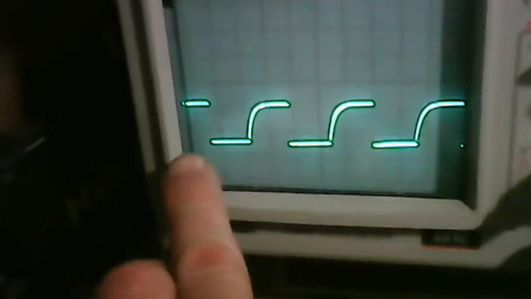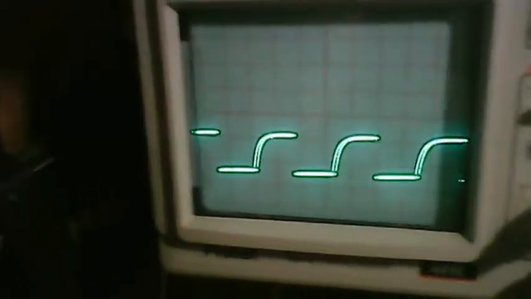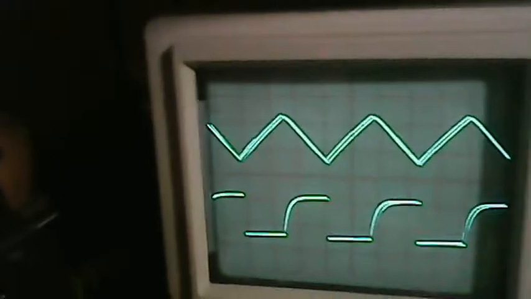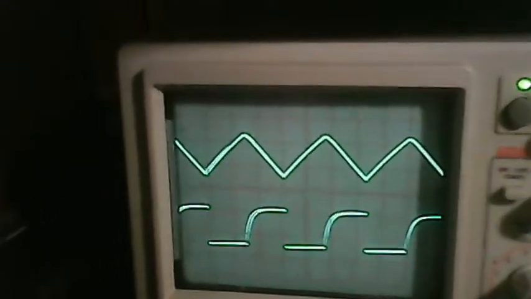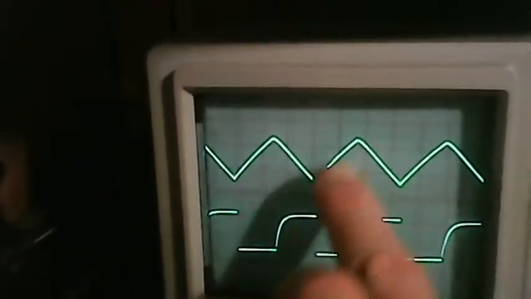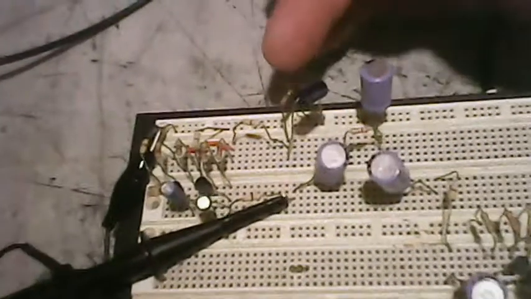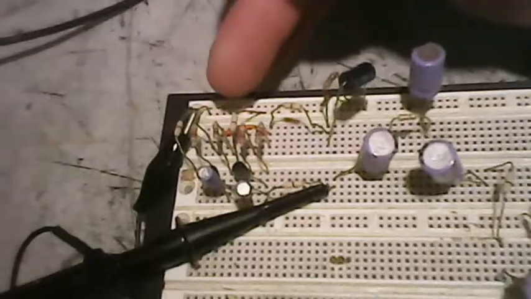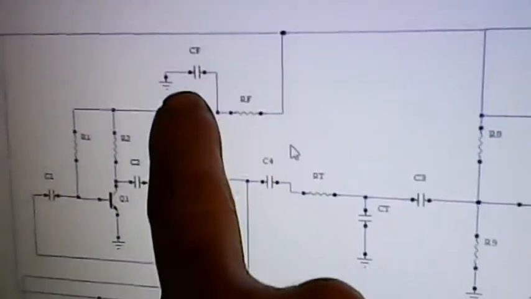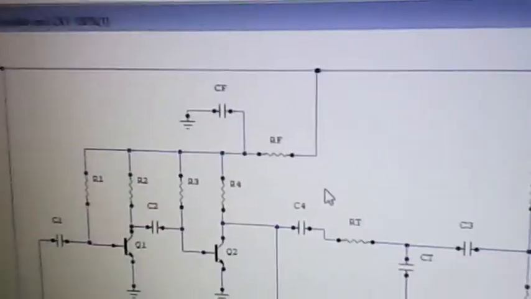There's our square wave, the input off the multivibrator. Now let's take a look at the output of that amplifier. There's our triangle wave. So I now have a nice symmetrical triangle wave, and that's all the result of decoupling the multivibrator from the power rail, as we showed up here. That little network right there, that little low pass filter, did the trick.